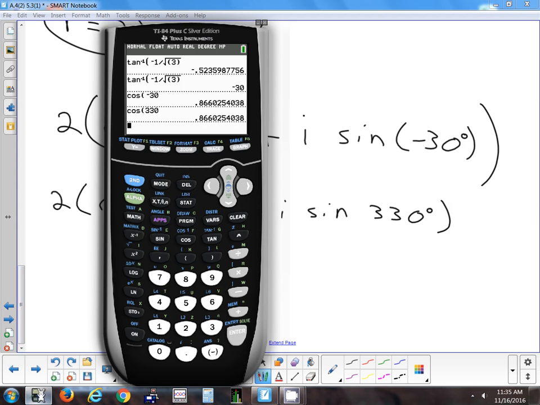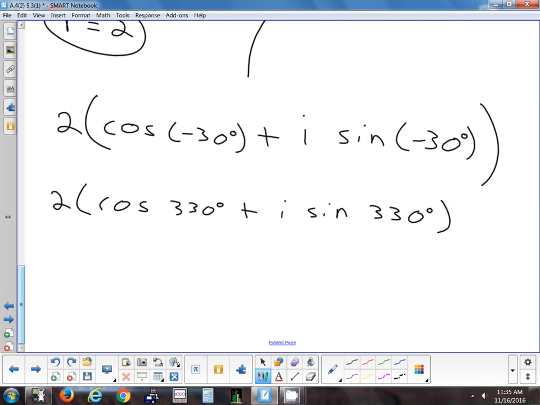I want you to look at the difference between cosine 30 and cosine negative 30. What's the difference? There isn't. So technically, the negative with the cosine doesn't matter. So you could just get rid of it. The negative with the cosine never makes a difference.